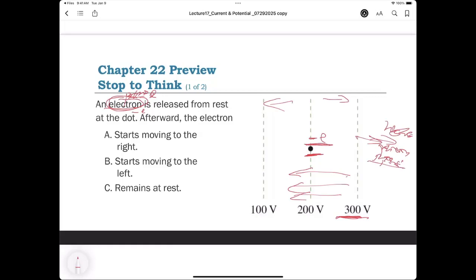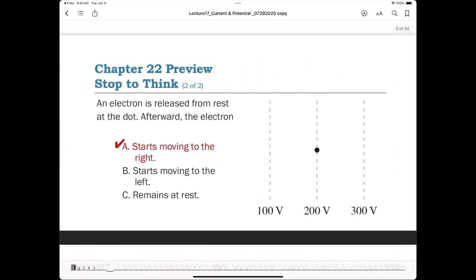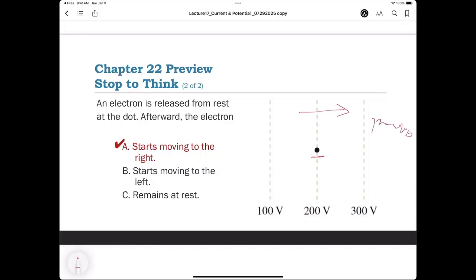Does it make sense? Because two opposite charges will have an attractive force. So the answer should be start moving to the right, because this electron will go to the positive charge. That makes sense to you?